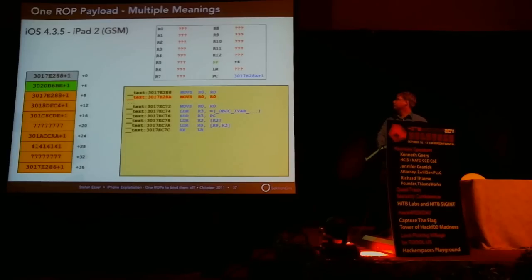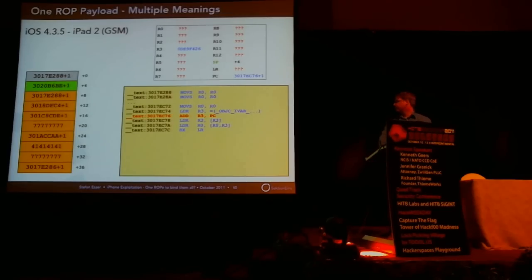Because R0 was unknown, it's still unknown, and it goes further and further until we hit this one, the last of the 0 bytes, and suddenly we start at the first byte of the real Mach-O image. So this is the real code at the beginning of the Mach-O. It loads some Objective-C structure into the R3 register. And you can see when it's executed, it's filled. Basically, it's the delta to there.